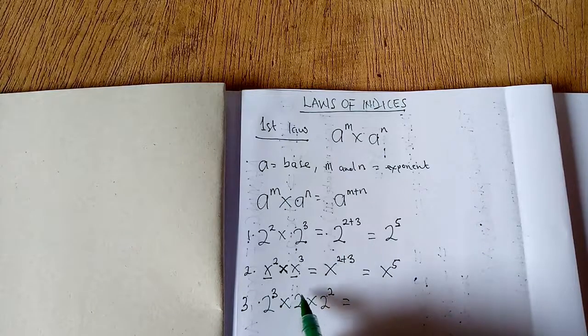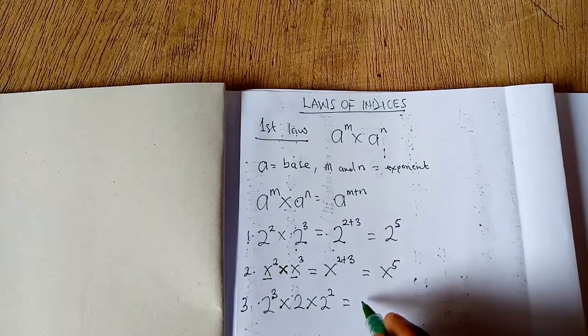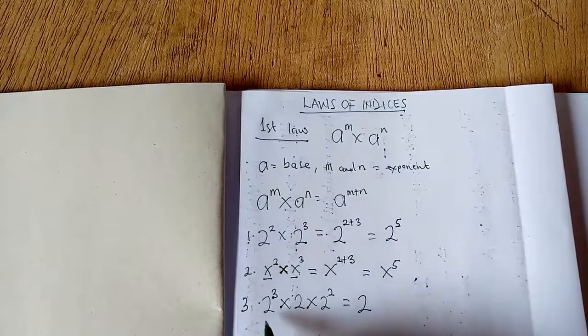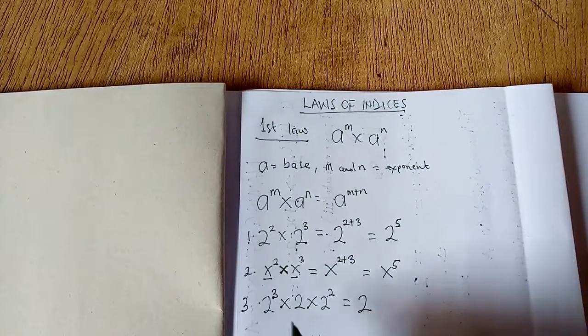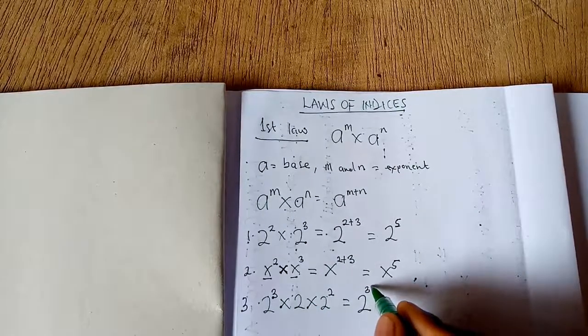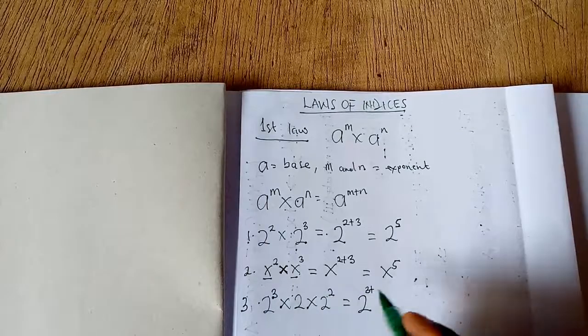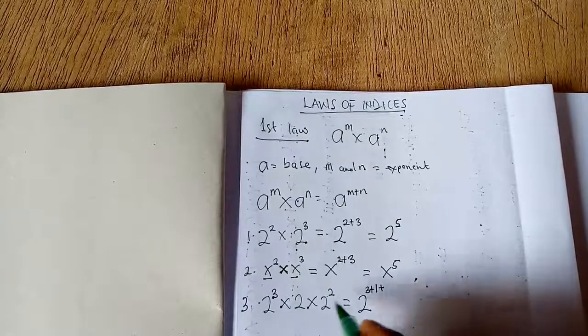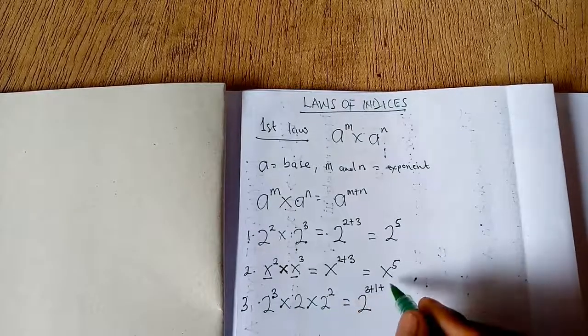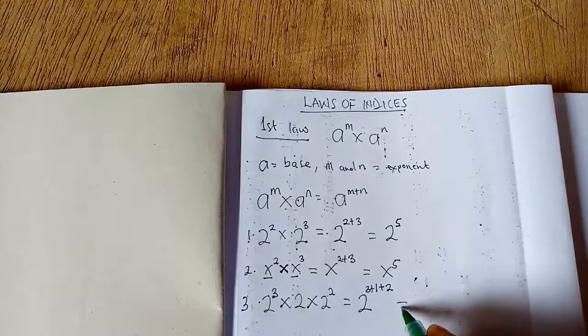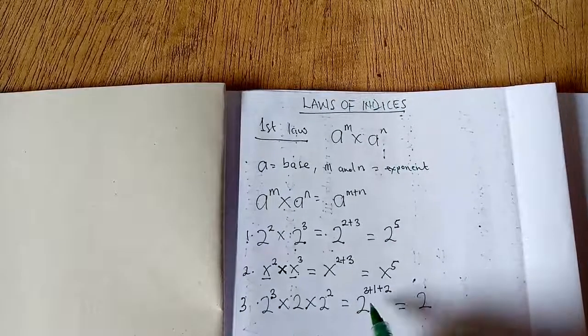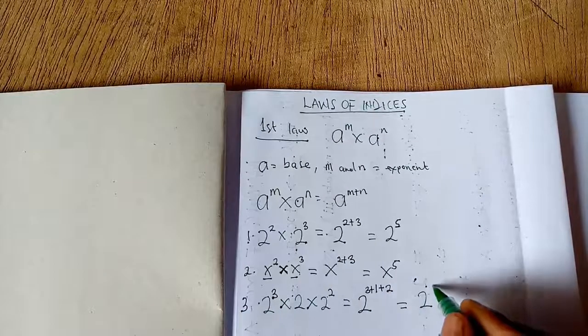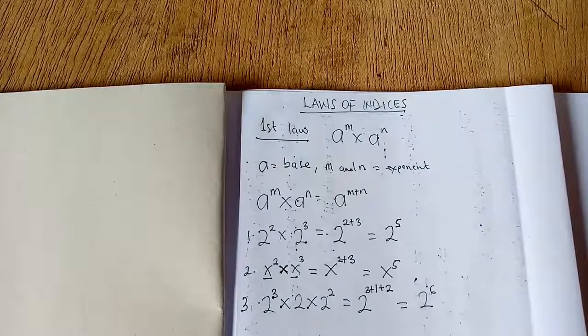So 2 without an exponent can be written as 2 raised to power 1. They all have the same base, 2. The first exponent is 3, plus 1, plus the last exponent, which is 2. Putting them together, we have 2 raised to power 3 plus 1 is 4, plus 2 gives us 6. So we have 2 raised to power 6.